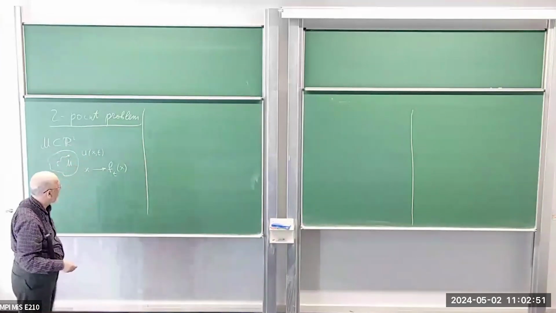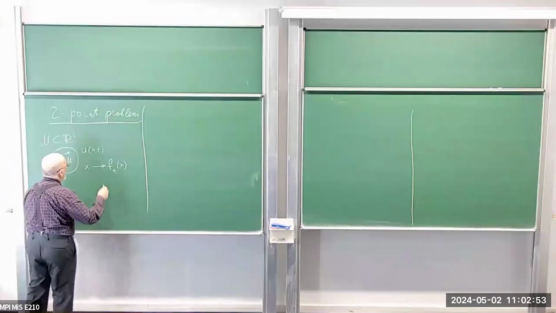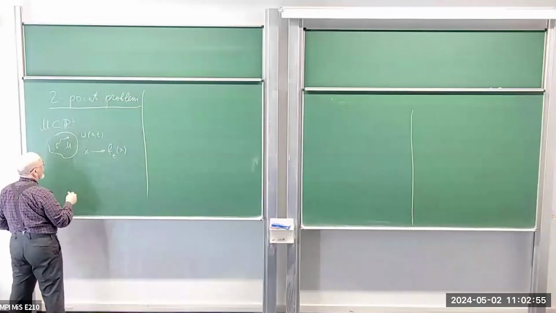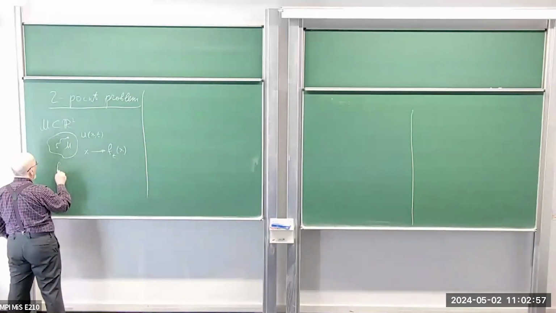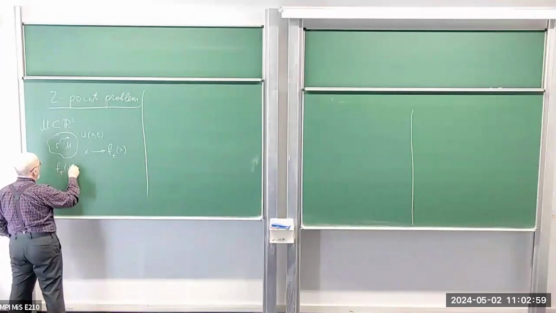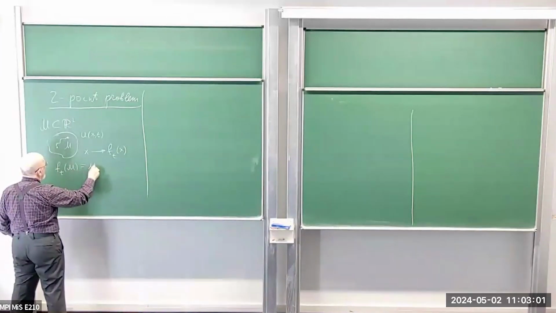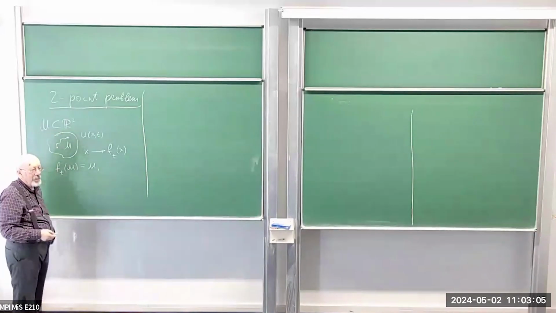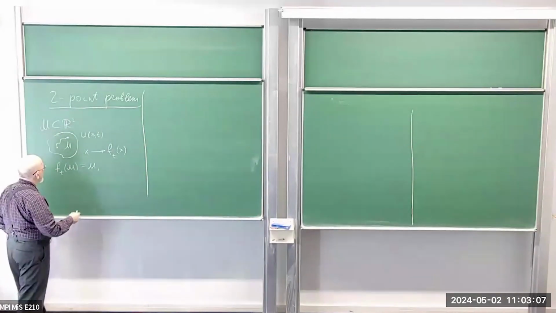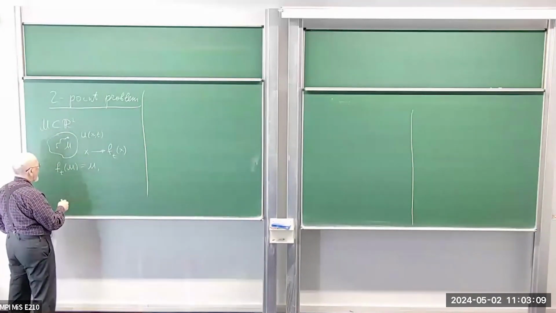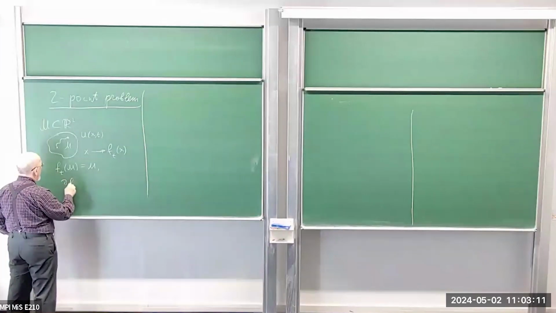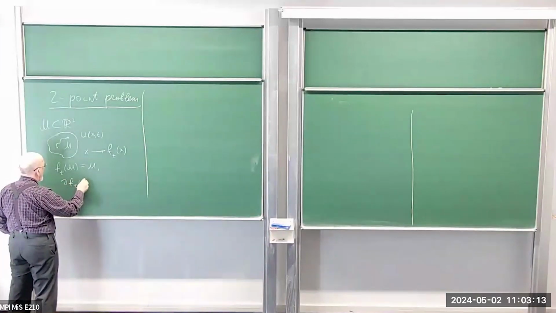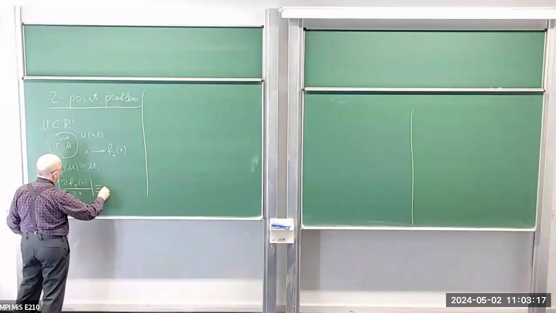Yes, this is the flow. So f_t is such that f_t of M equals M. In particular, the boundary is transformed into the boundary, and the Jacobian is identically one.